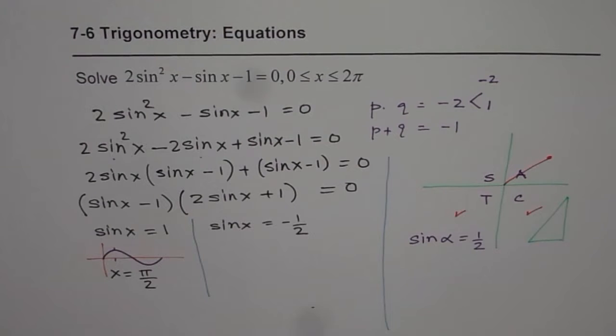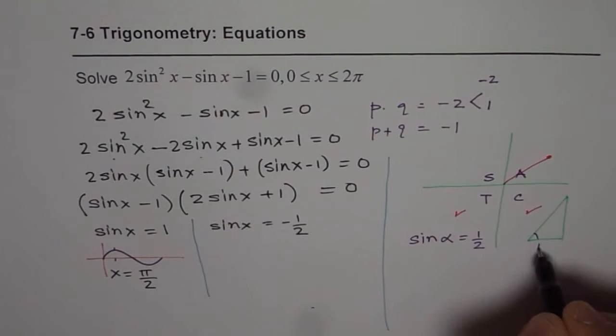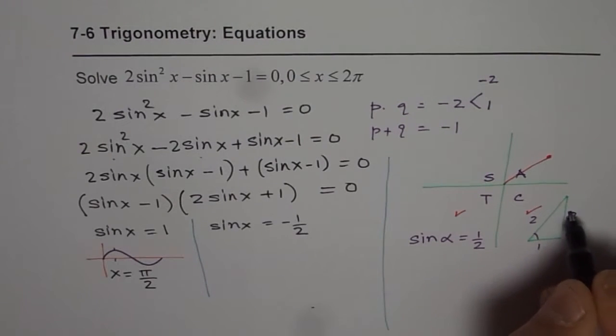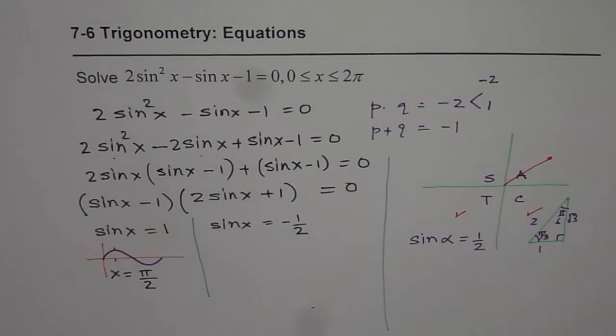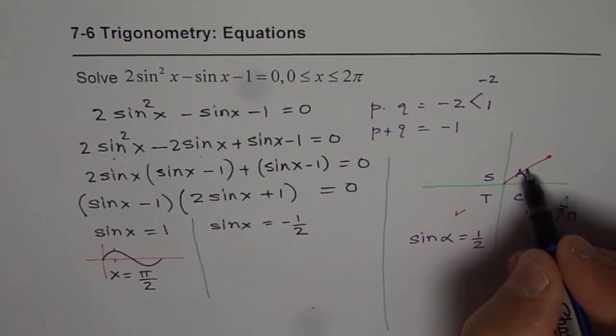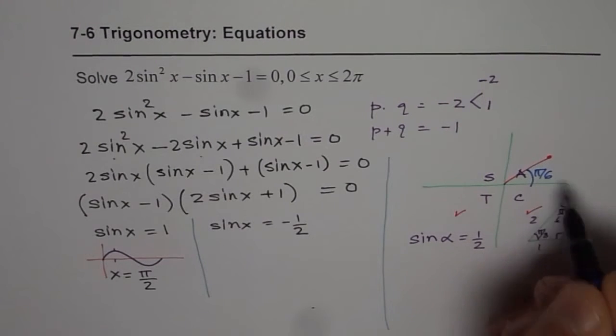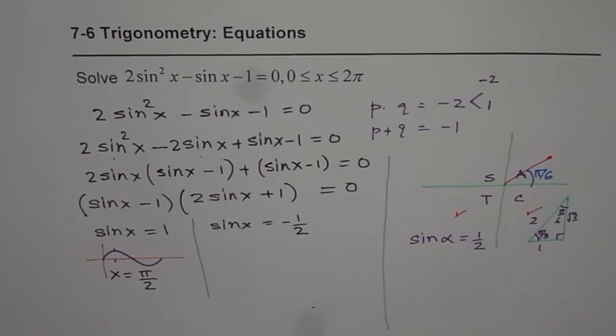Half you get in the special triangle, which is pi by 6, correct? So pi by 6, here it is pi by 3. So from the special triangle also, we can find that the acute angle is pi by 6 for sine alpha equals half.